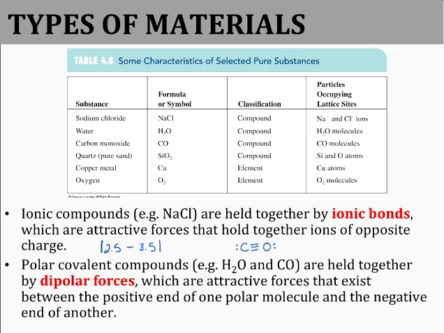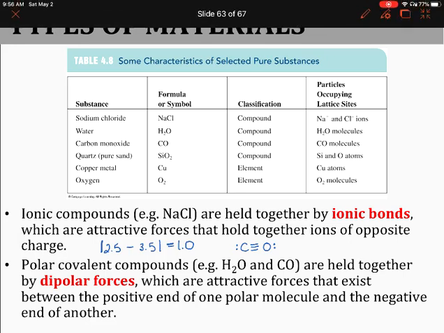So if we take the absolute difference, we get a value of 1. So that tells us that carbon monoxide is a polar molecule. So we could even draw a little arrow showing that electrons are more attracted to oxygen and less attracted to carbon.